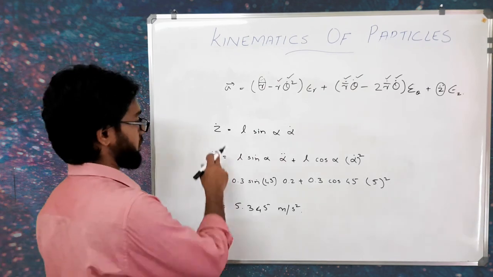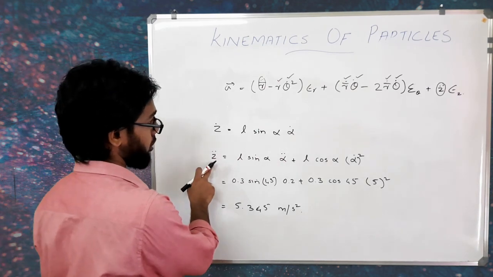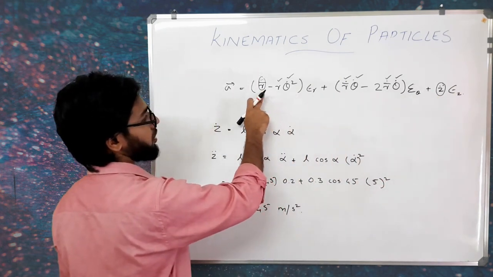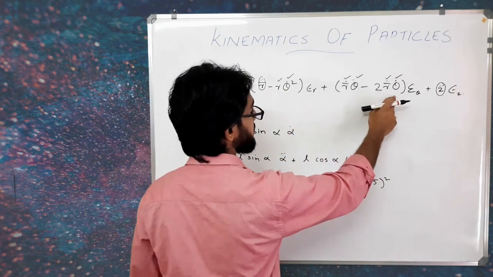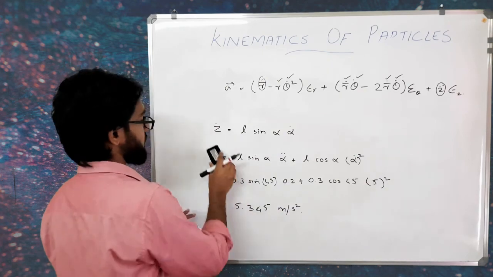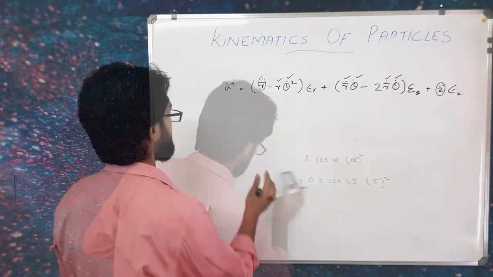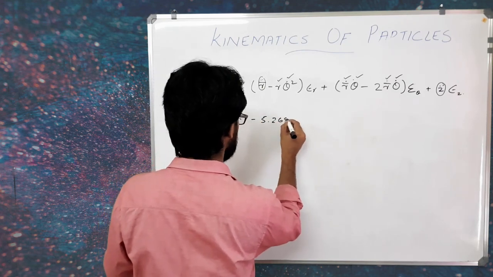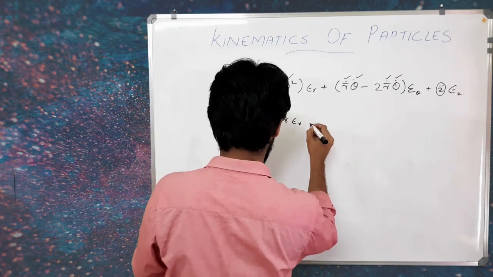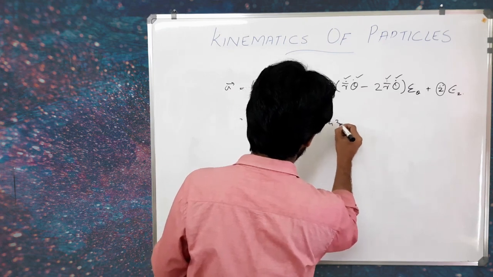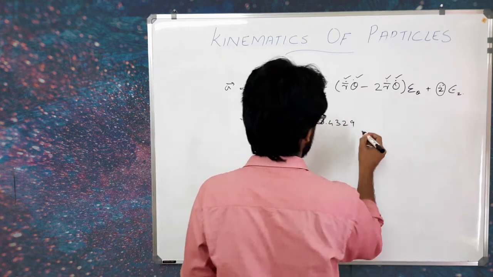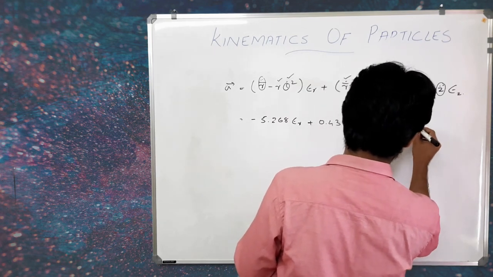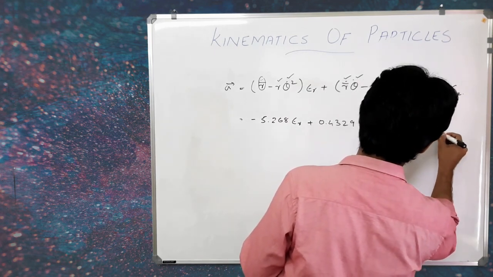Now substituting these z double dot, r dash double dot and the rest of the values which you obtained earlier, we can get the value of minus 5.268 epsilon r plus 0.4329 epsilon theta plus 5.345 epsilon z.